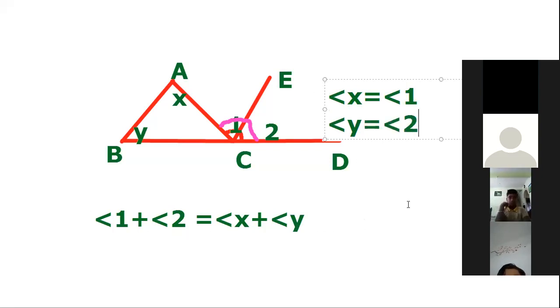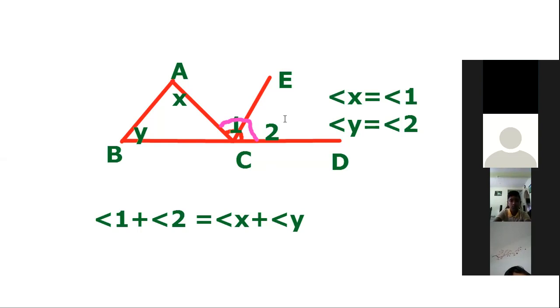We can write it using the property of parallel lines cut by a transversal. Here the parallel lines are AB and EC and the transversal is AC. Using this, we can write angle X equal to angle 1 and angle Y equal to angle 2.